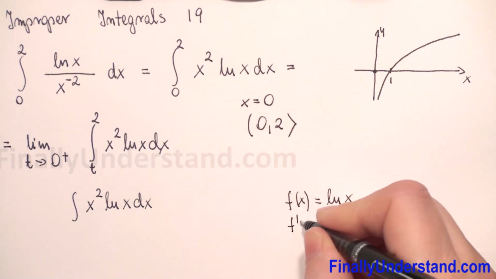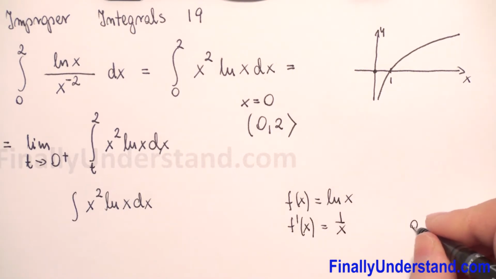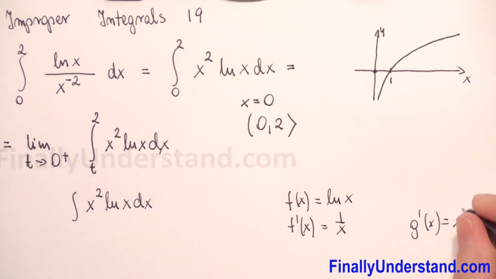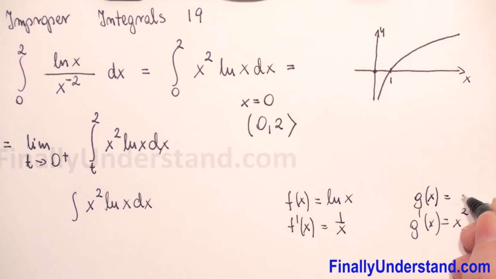So f prime of x is equal 1 over x. Our g prime of x will be x squared. So g of x is equal 1/3 x cubed. When we take derivative of 1/3 x cubed, will be exactly x squared.